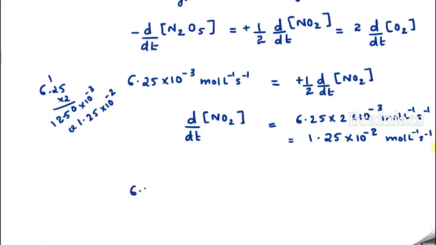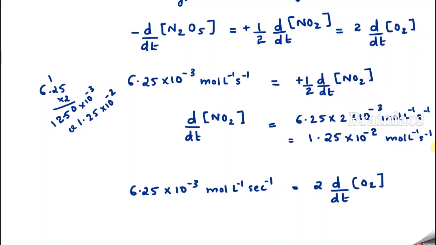Here, one more time, I can write 6.25 into 10 power minus 3 mole liter raised to minus 1 second raised to minus 1 is equal to, this time I will compare with oxygen, 2 times d by dt of O2. Now I need to identify the rate of formation of O2, which is nothing but d by dt of O2. Then the 2 will come in the denominator.